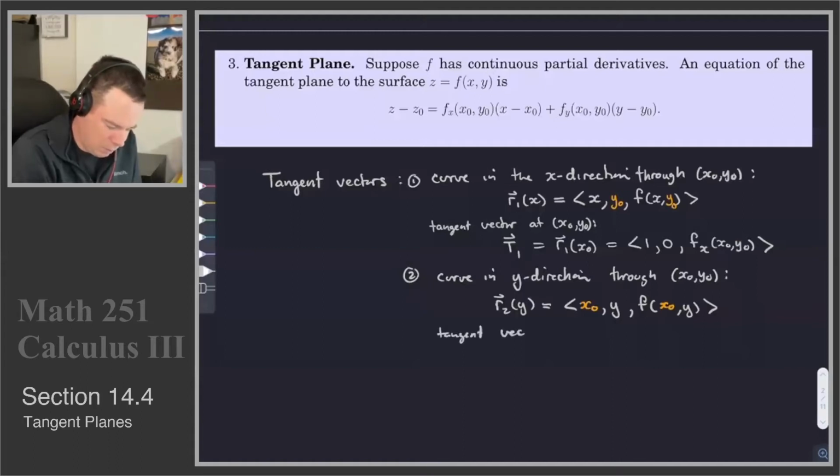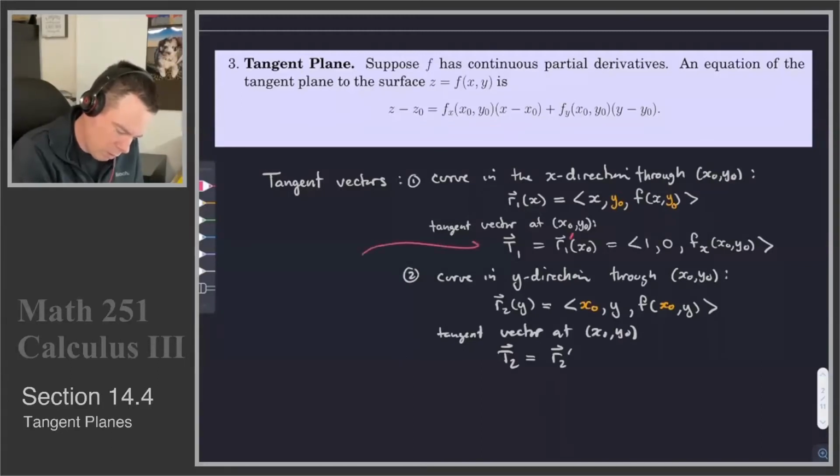Tangent vector at x naught, y naught. That gives us T2 is equal to the derivative. I see that I've missed the prime up here. So notice there's a prime missing there. We had to take its derivative.